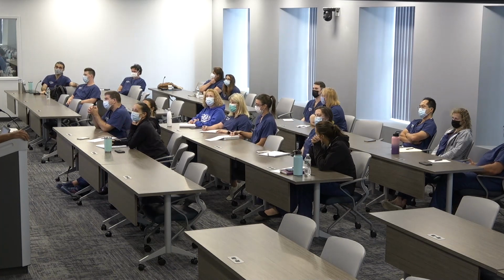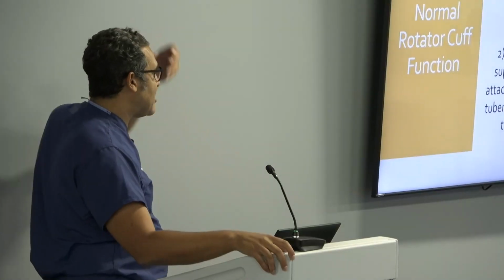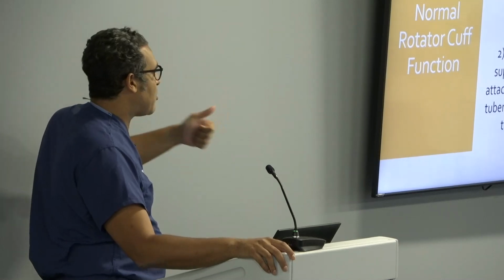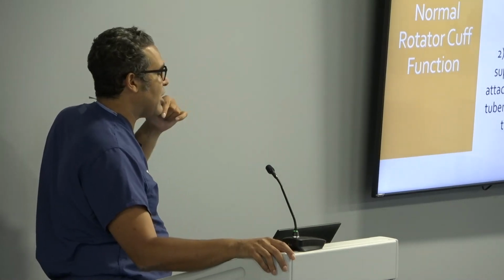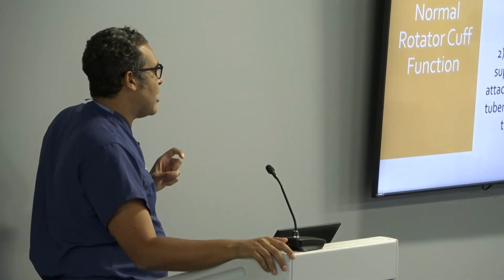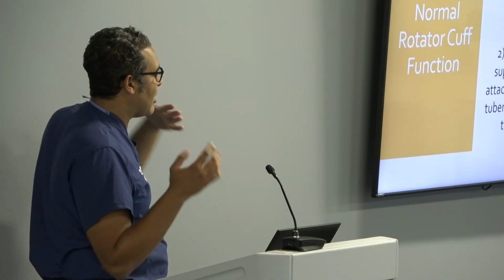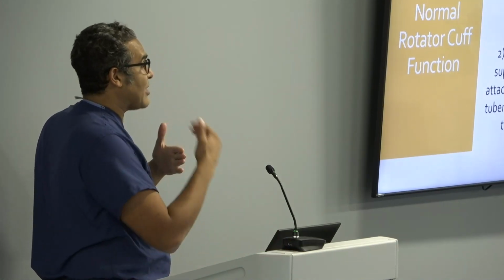Right. And it's so hard because if you're starting to get into this irreparable, salvage question, you really have to get a good sense of the effect that these tears have on glenohumeral kinematics and translation.